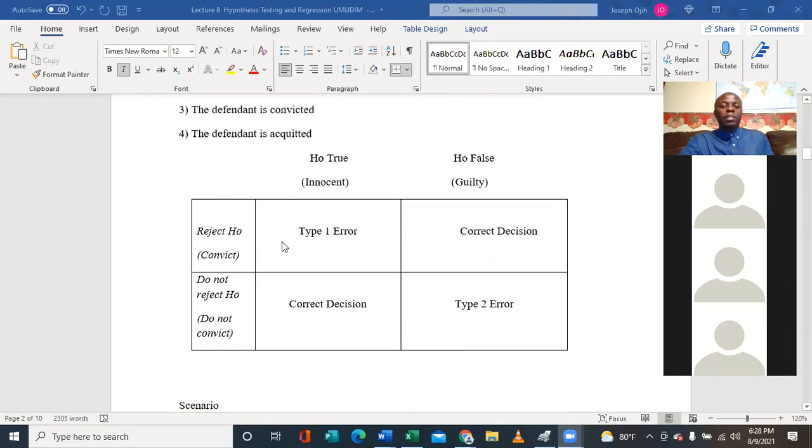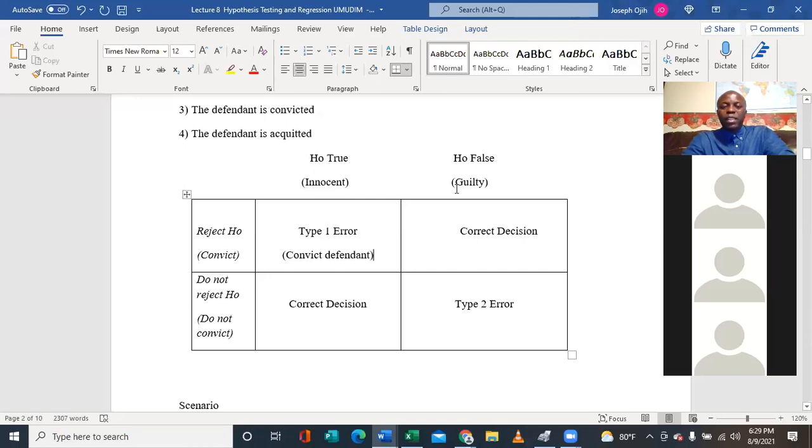So now, if the H0 is true, that means the defendant is innocent, but the jury convicts them anyway, because there's not enough evidence to clear them. That means the jury has committed type 1 error.